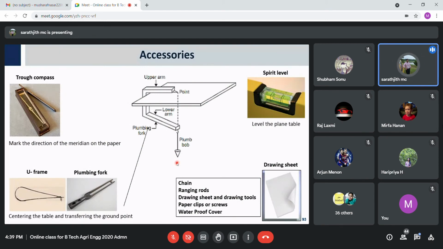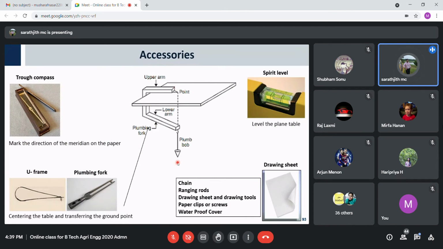Suppose we have a point here, imagine my cursor is the point A, our first instrument station. That red dot is the point A, and you want to fix your table over point A, right? You have to transfer this point onto the table.